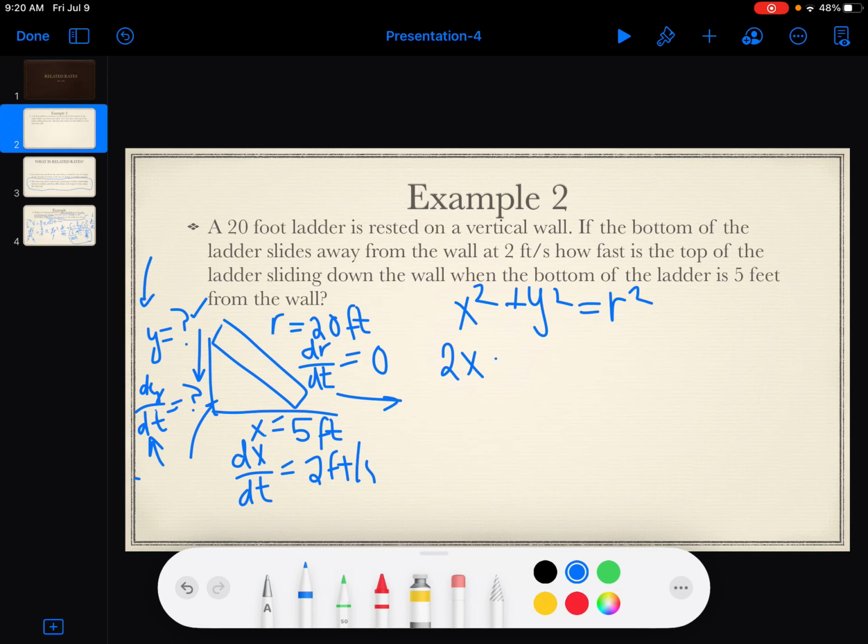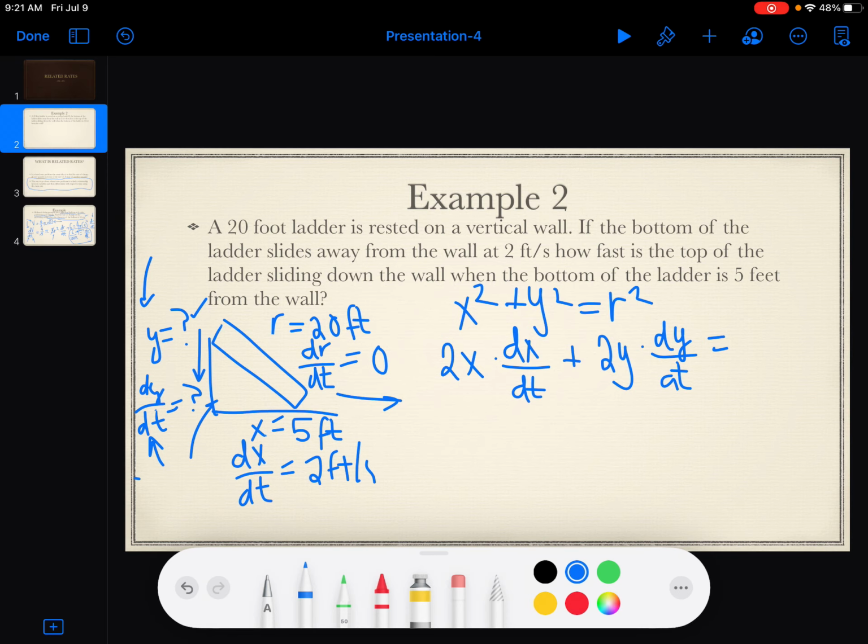So we use the chain rule, so 2x times dx by dt. And I recommend writing dx by dt because it reminds you that you're taking the derivative with respect to time. So plus 2y times dy by dt.